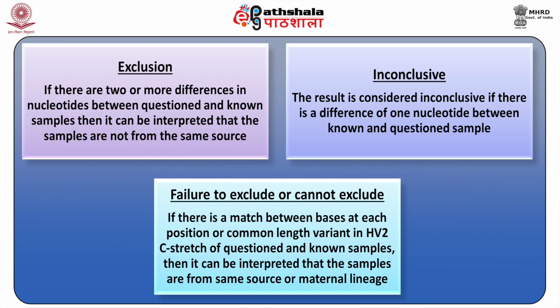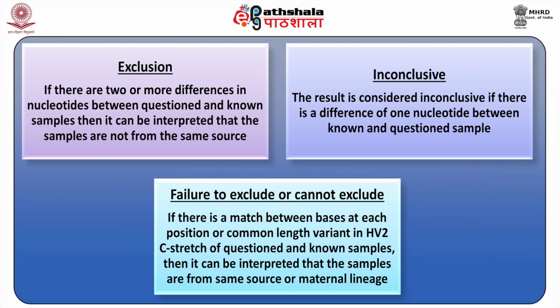Number one is exclusion. If there are two or more differences in nucleotides between questioned and known samples, then it can be interpreted that the samples are not from the same source. The second category is inconclusive. The result is considered inconclusive if there is a difference of one nucleotide between known and questioned samples.